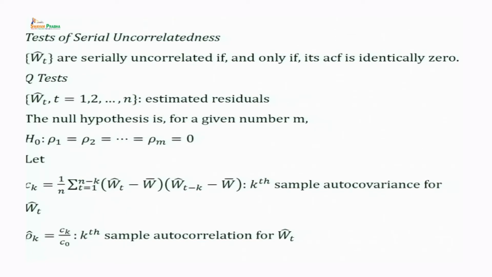Now, we consider some tests for serial uncorrelatedness. So, basically you are interested in checking whether W_t are serially uncorrelated, and W_t serially uncorrelated means its ACF is identically 0. So, for all values of k, rho hat W k is equal to 0.